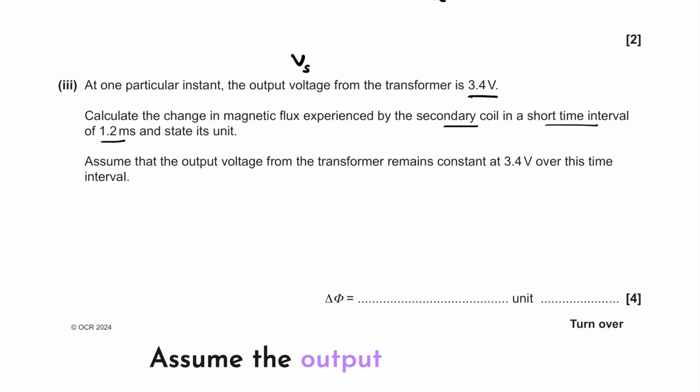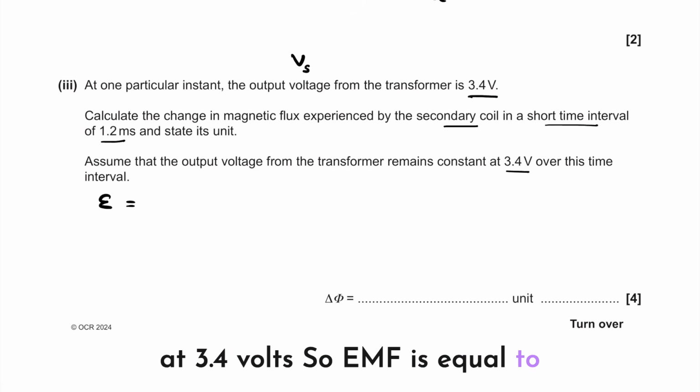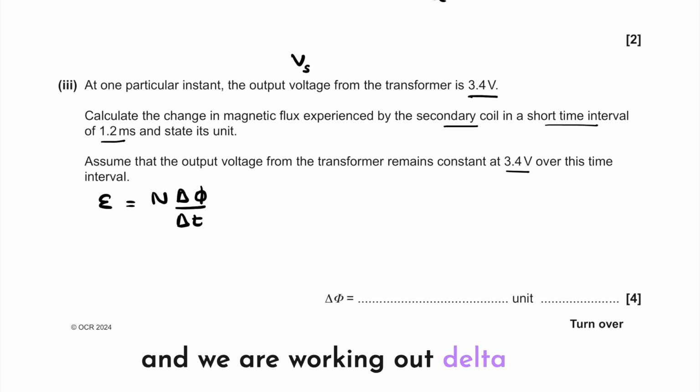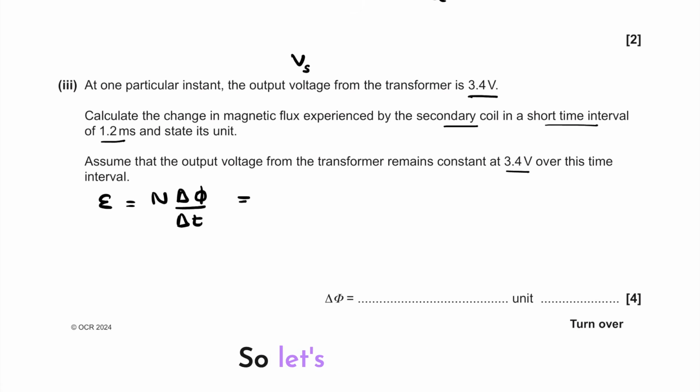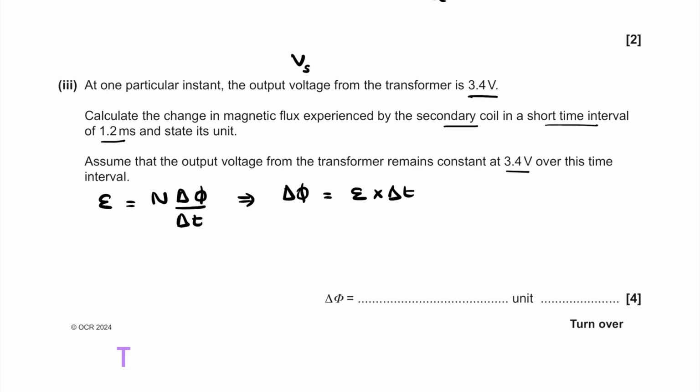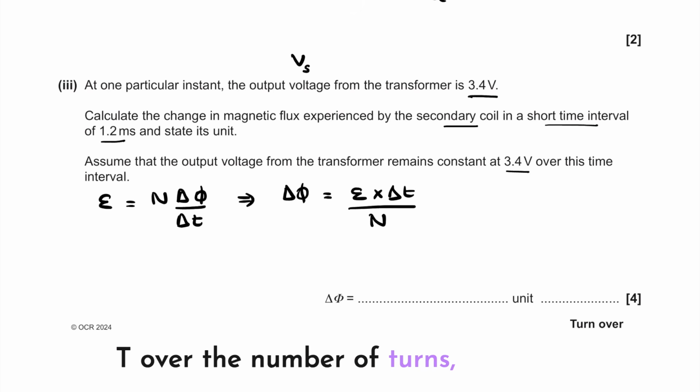Assume the output voltage from the transformer remains constant at 3.4 volts, so EMF is equal to N times delta phi over delta T. And we are working out delta phi.